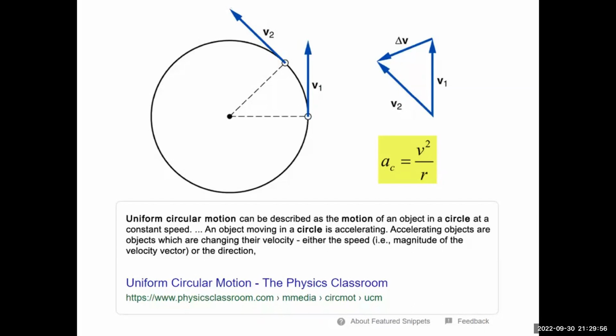No. Oh, so the Earth is not rotating in a circle. Is that what you're saying? It is. Okay, so is it moving at a constant speed? Yes. So what part of an object moving in a circle is accelerating, don't you get?